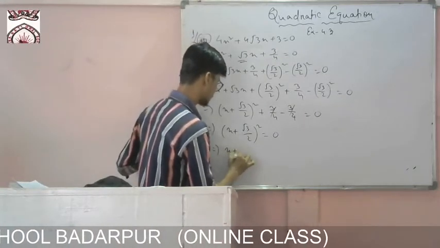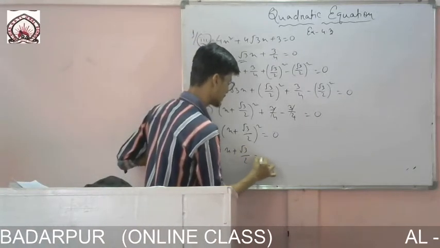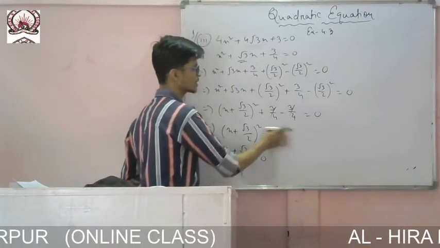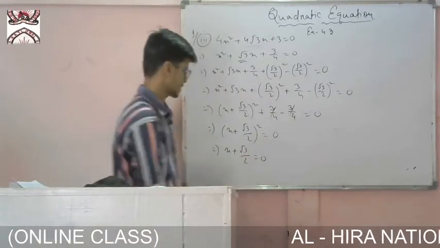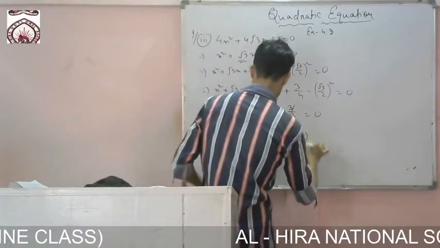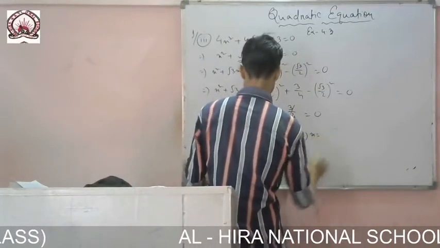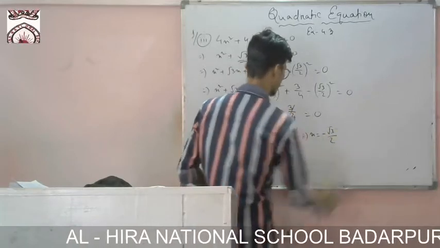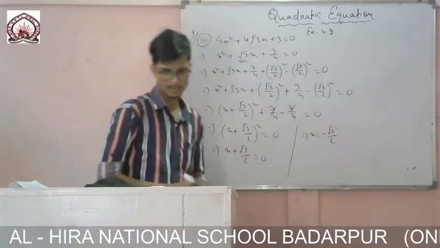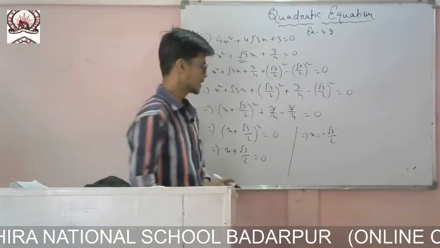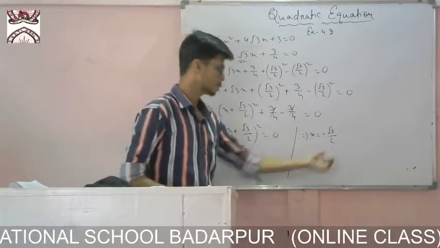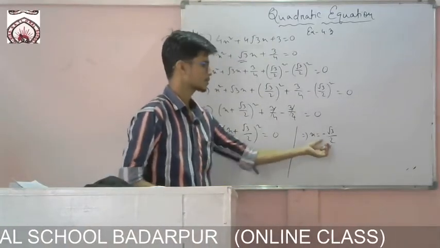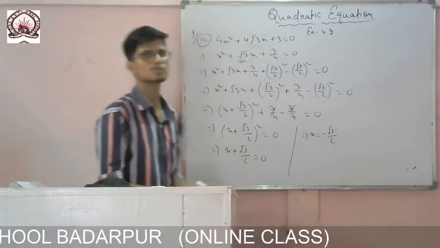That means x plus root 3 by 2 will be equals to 0. Square will go to that side and root of 0 is 0. So then it implies x will be equals to minus root 3 by 2. So hence both the roots, two roots will be there. So one came minus root 3 by 2, that means both are minus root 3 by 2.